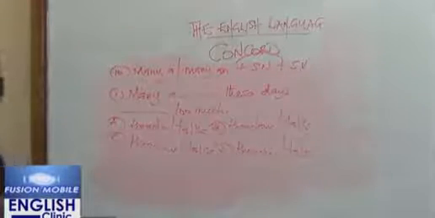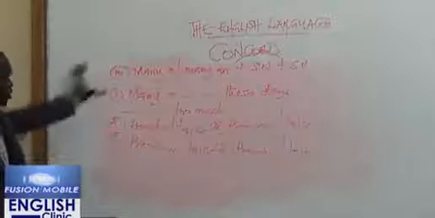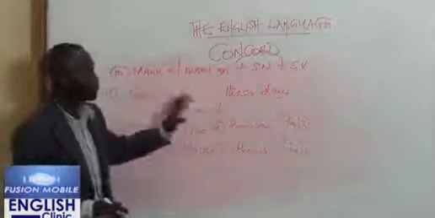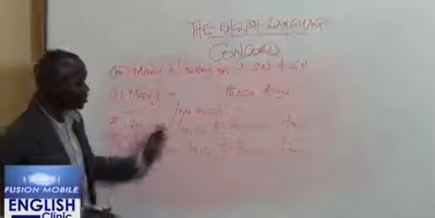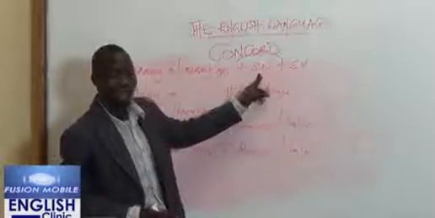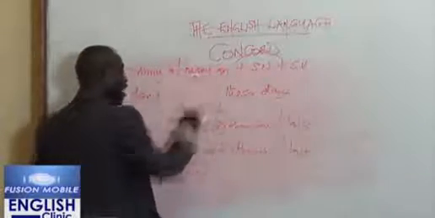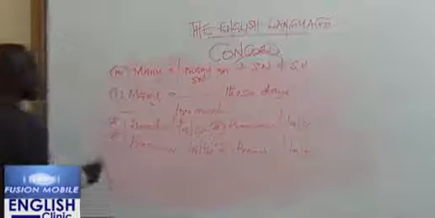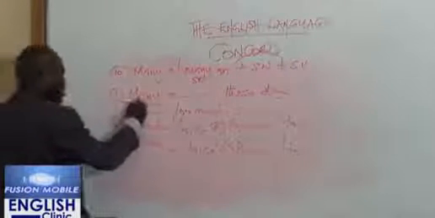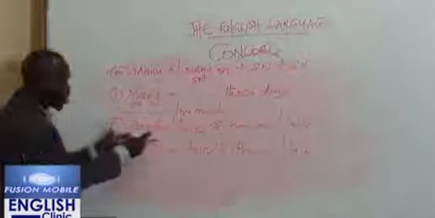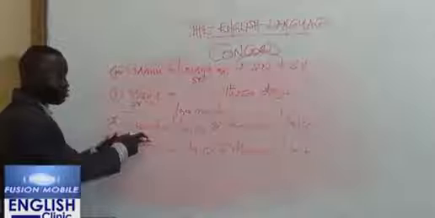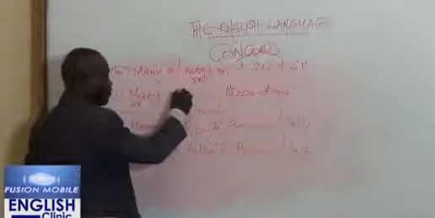Now, let's consider this example very well. The rule says that when the expression "many a" or "many an" forms the subject of a sentence, then it should be followed by a singular noun and a singular verb. In other words, after "many a", I must have a singular noun. After that, I must have a singular verb. Now, look at the options one by one. Preacher is a singular noun, so it fits in here.